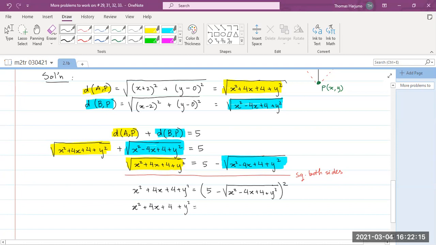What happened on the right hand side? I have 5 squared minus 2ab plus b squared.